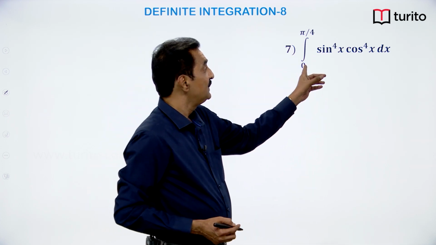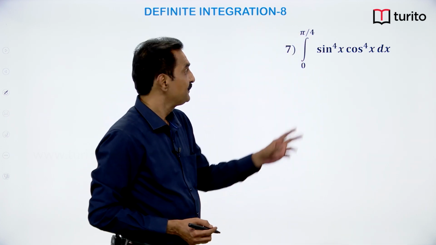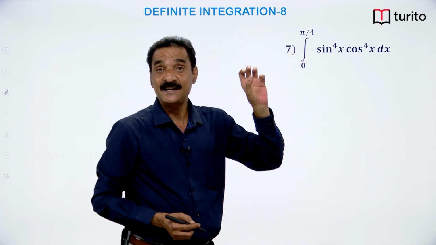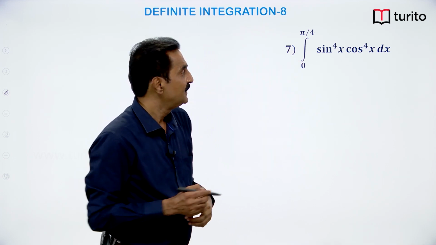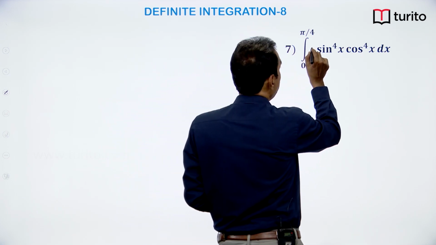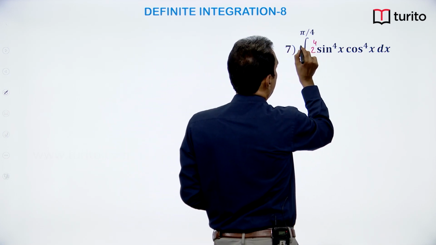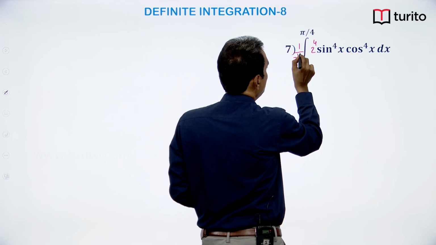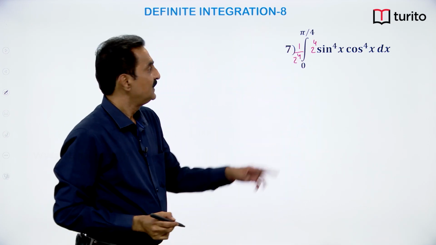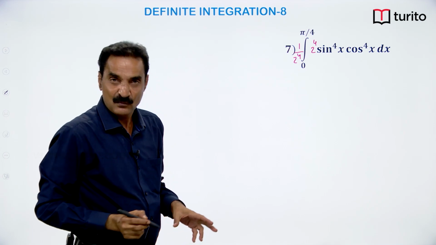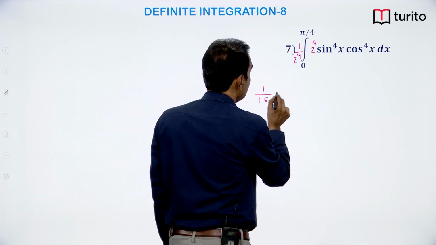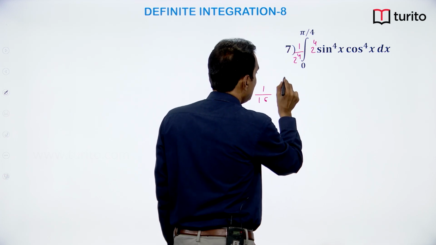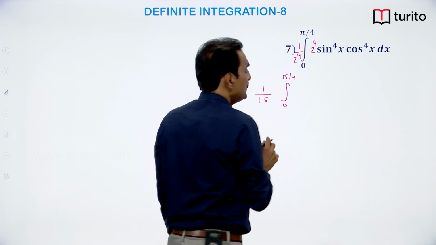Here the limits are 0 to pi by 4, but the function is a product of sine and cos. So what will you do? First multiply by 2 power 4 and divide by 2 power 4. Then 1 by 2 power 4 means 1 by 16, integral 0 to pi by 4.